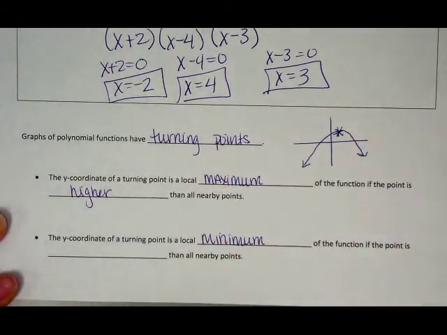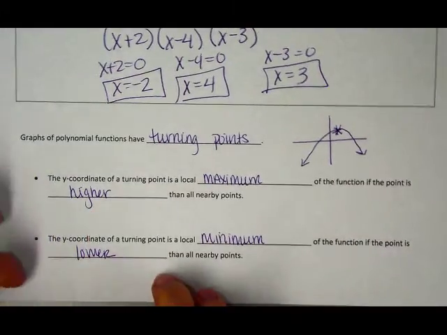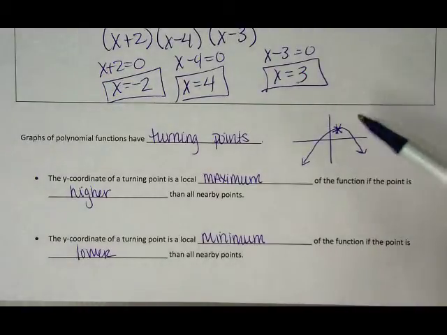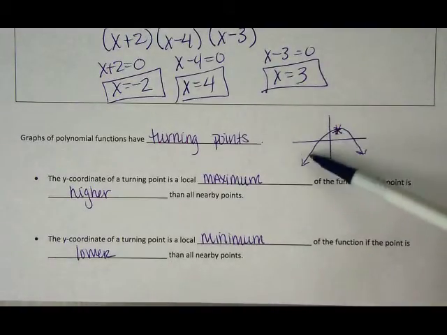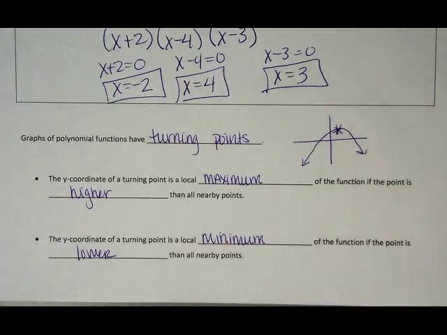A local minimum is where your points are lower than all the other nearby points. So in this quick sketch that I showed you over here, this would be considered a maximum, since the point in which your graph changes direction is higher than all the other points of that graph.